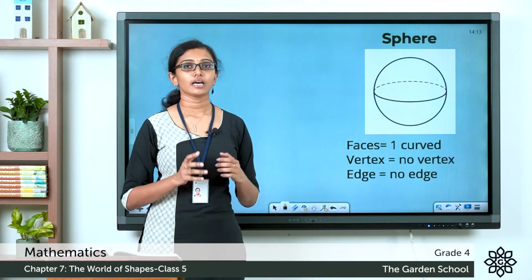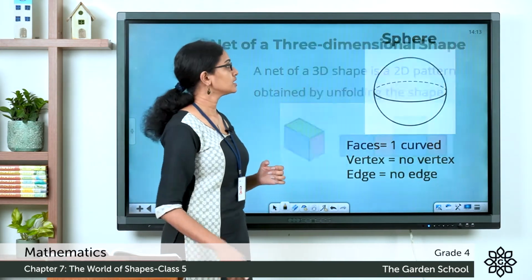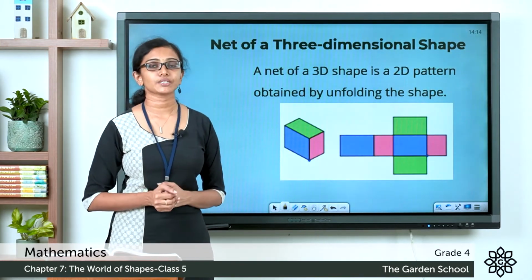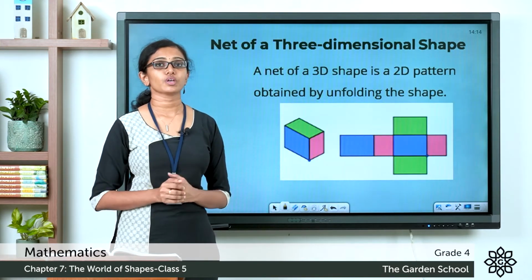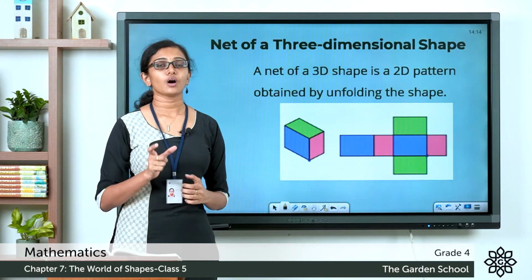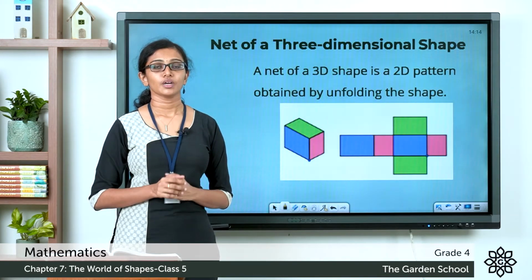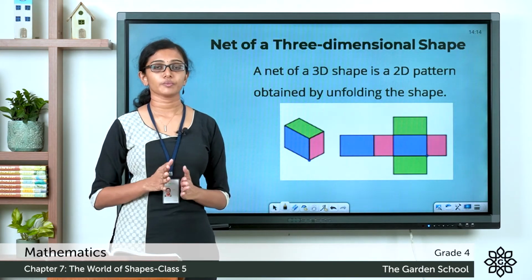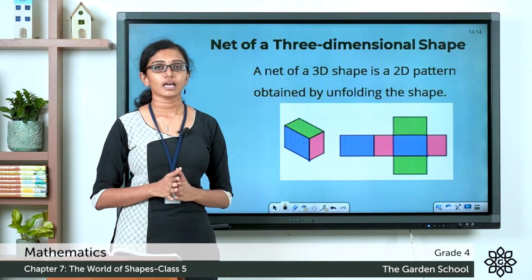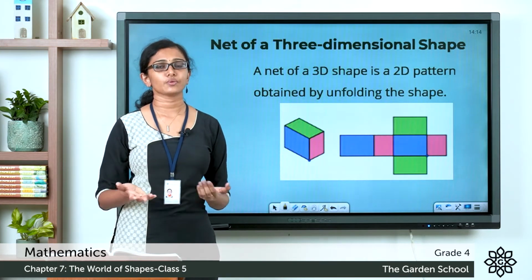Now let's learn about nets of three-dimensional shapes. What do you mean by the net of a 3D shape? Suppose you have a soap carton or the carton of a toothpaste with you. You might have cut the box and unfolded it or laid it out flat.